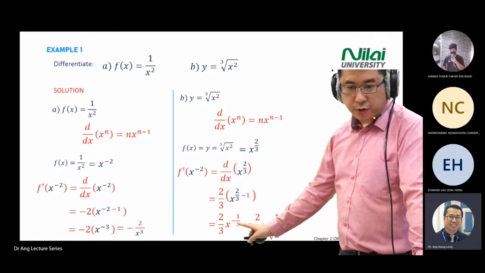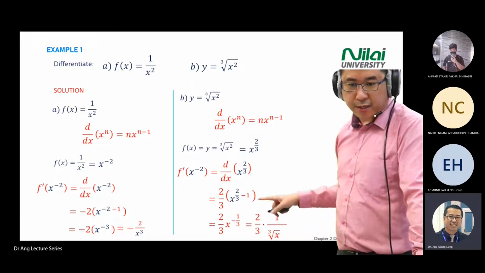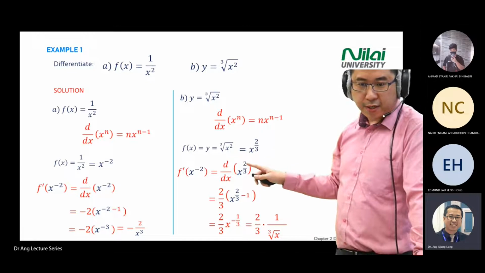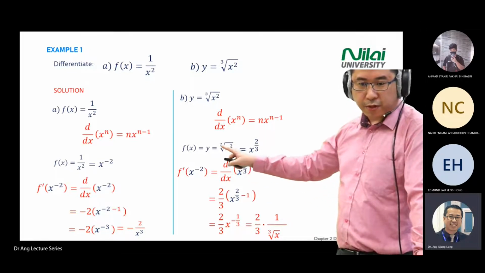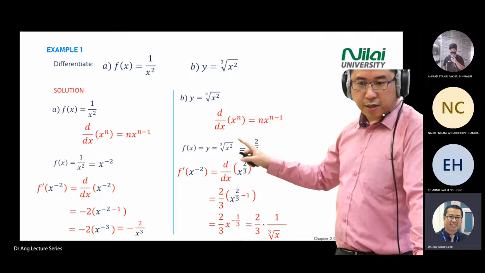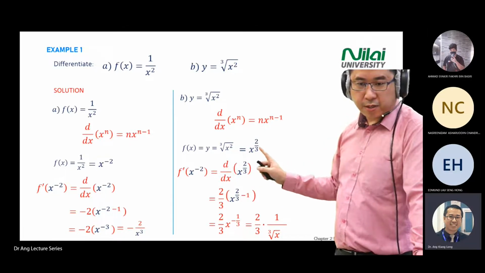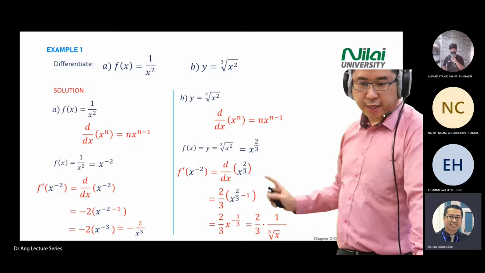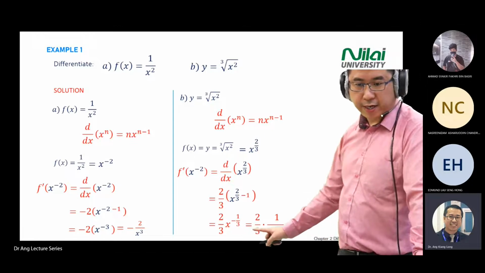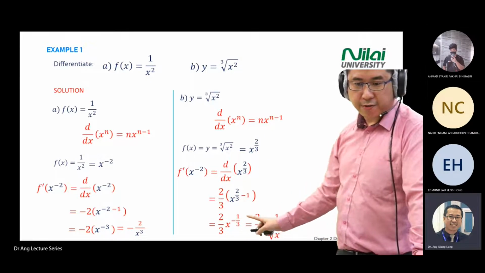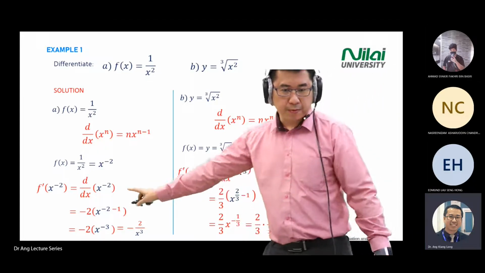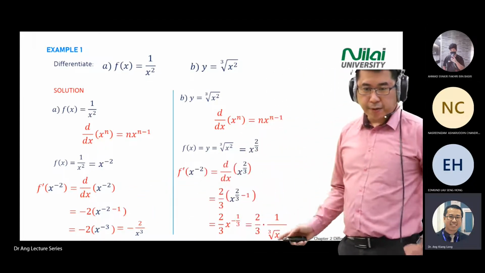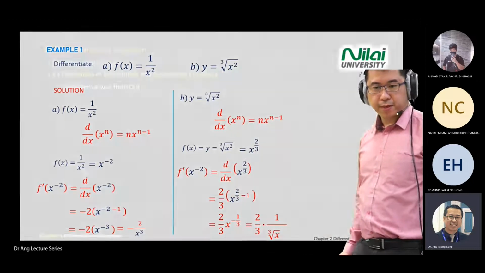So 1 over 3 means root. So like this one. Just now, Shakir already tried to explain this one. If you have a cube root, it means 1 over 3 here. So at the end here you also get 1 over 3, but you have a negative sign, which means 1 over something. This one is related to this example. So there was a typo error in my slide just now.